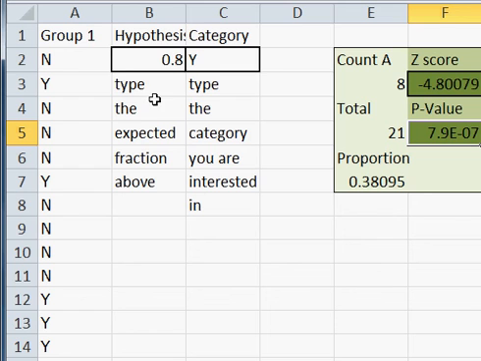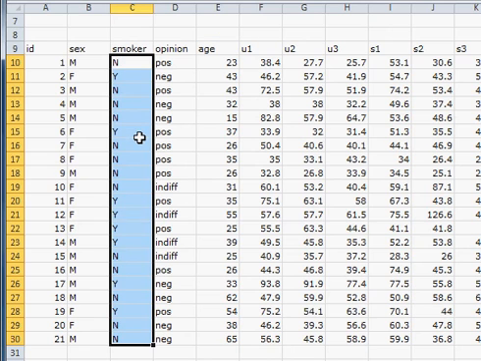So now that we've done this one sample z-test as kind of a warm-up, let's move on to comparing two samples. One thing you might want to try is, we've got these smokers and non-smokers, and then we've got these opinions: positive, negative, and indifferent.